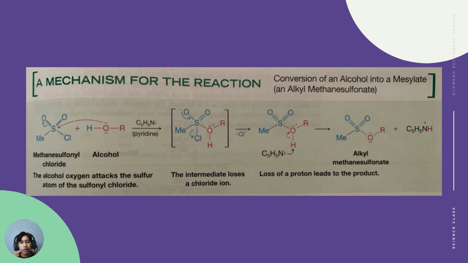We can see here the intermediate, with loss of a chloride ion. So roughly, this is the process of how to convert an alcohol into either mesylates, tosylates or triflates.